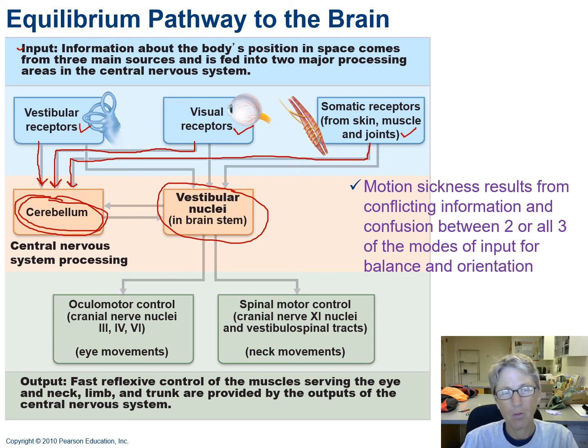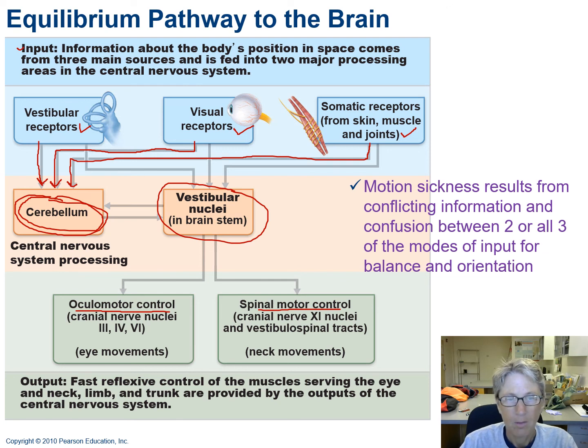And then the vestibular nuclei in the brainstem can communicate with the cerebellum, but the output of all this input information from these receptors goes to the oculomotor control and spinal motor control nerves, and then you can get this reflexive control of the muscles serving the eye, neck, limb, and trunk.